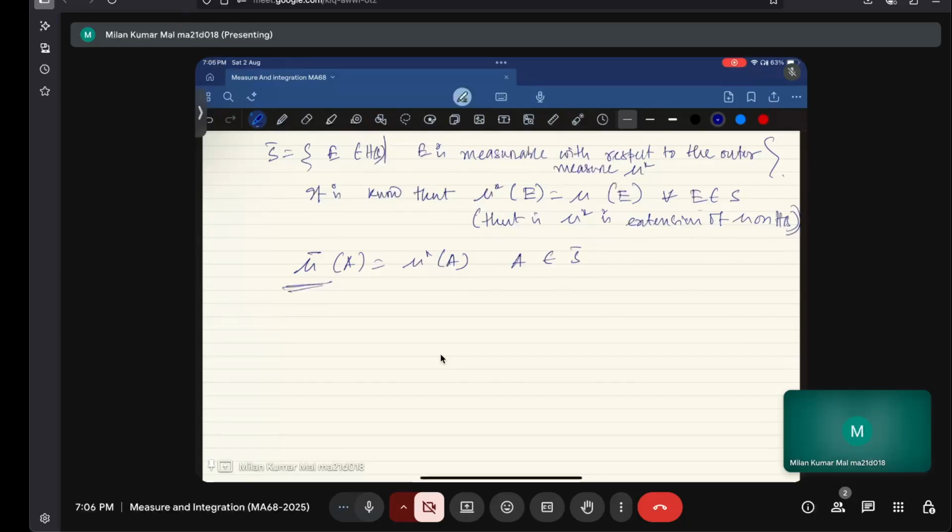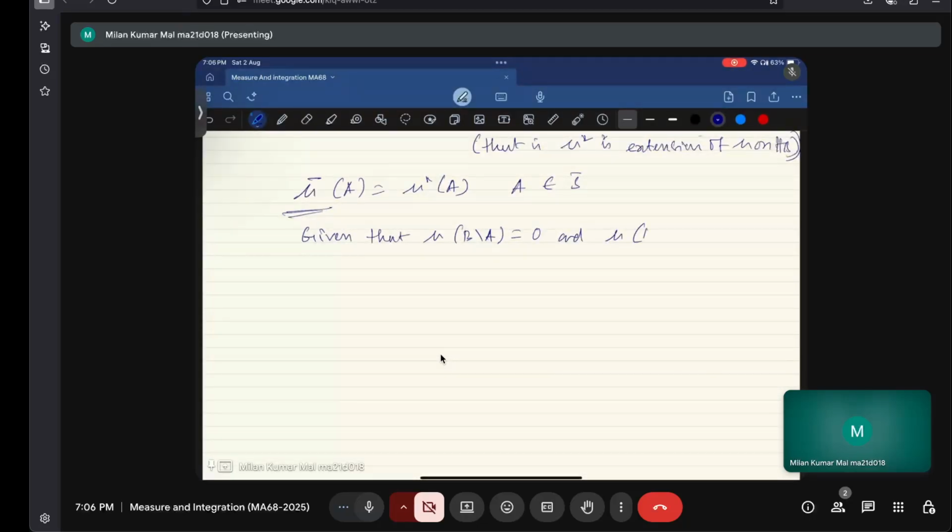These are the facts already given: mu of B minus A is equal to 0, and A is a subset of E is a subset of B. Then we need to show that E is actually measurable.